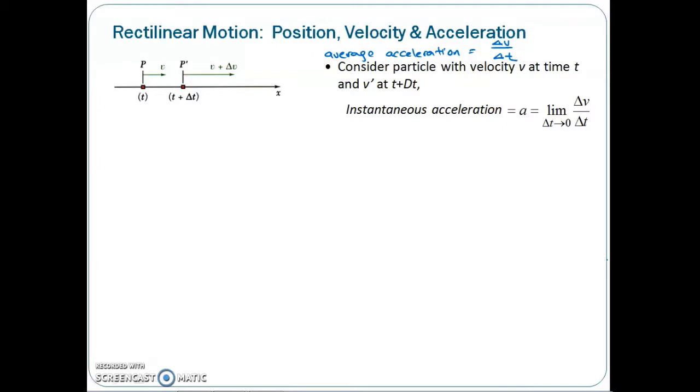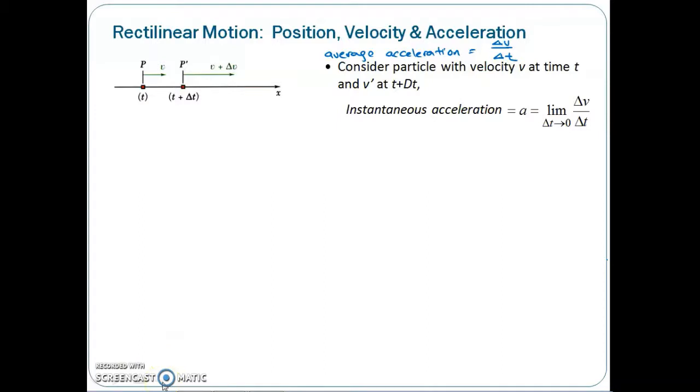If SI units are used, delta v is expressed in meters per second and delta t in seconds. The average acceleration will thus be expressed in meters per second squared. If you are using US customary units, delta v is expressed in feet per second and delta t in seconds, and then the average acceleration will be expressed in feet per second squared.